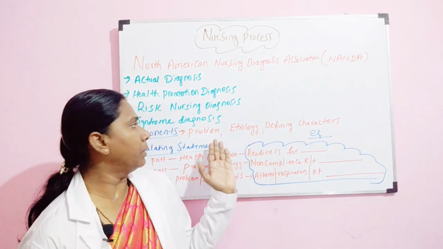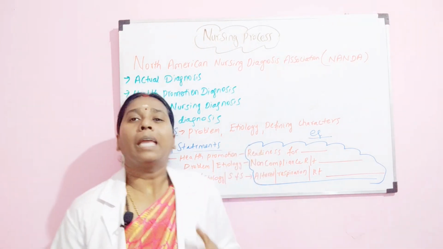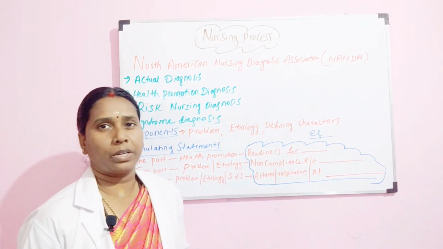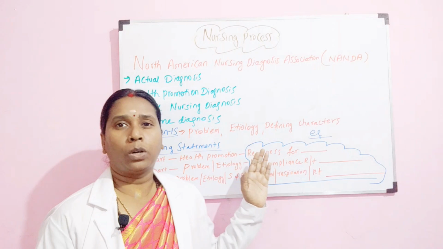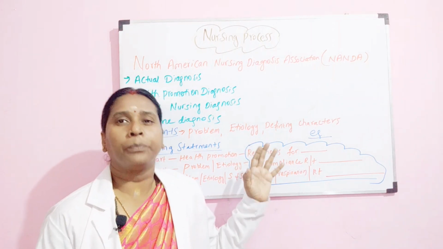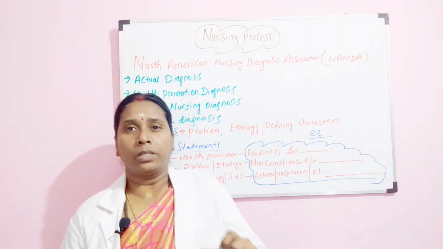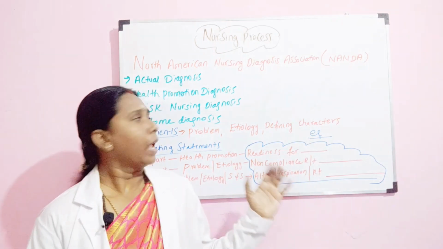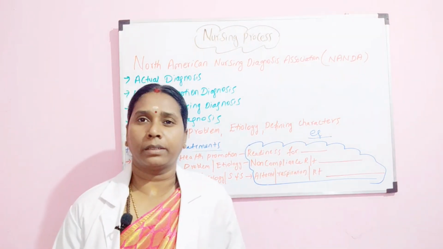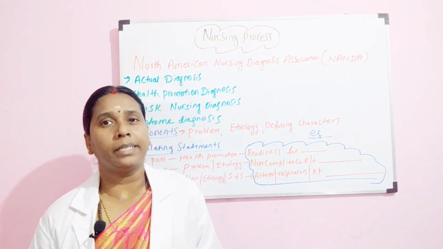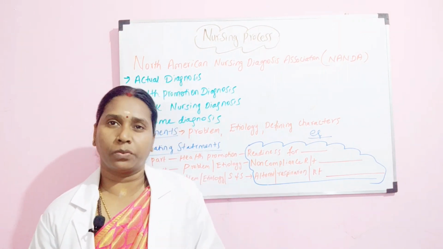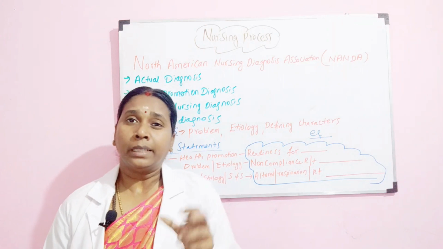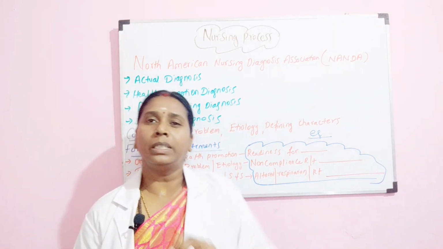First is the problem, that is the existing problem of the patient. Then we have the etiology, which is the cause of the problem. Then come the defining characteristics, which are the signs and symptoms of the problem. So these 3 parts comprise the nursing diagnosis.